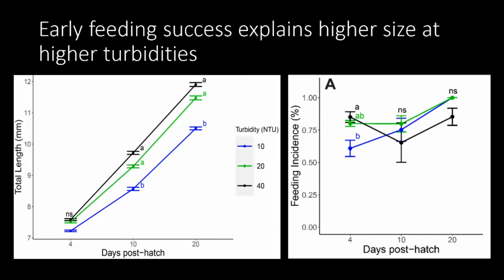So what we think is happening here is that the feeding performance even prior to 4 days post-hatch, we're not actually entirely sure when these fish begin feeding, but we're hypothesizing that these fish are actually feeding better at these early stages at these higher turbidities.